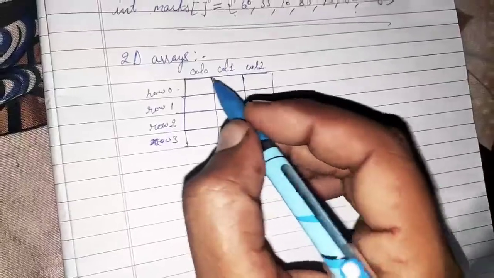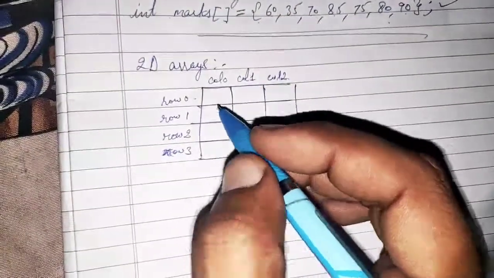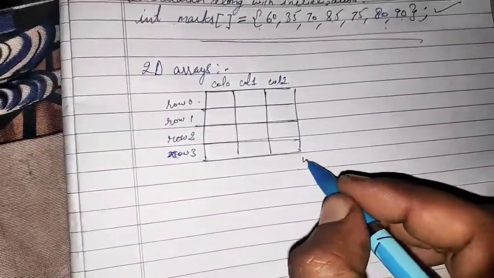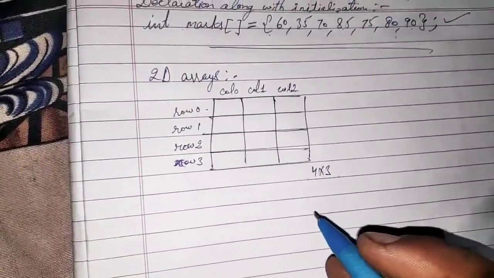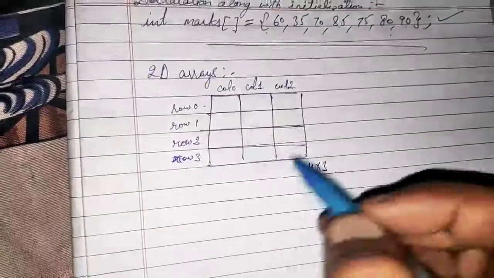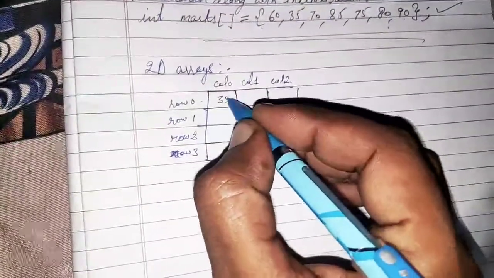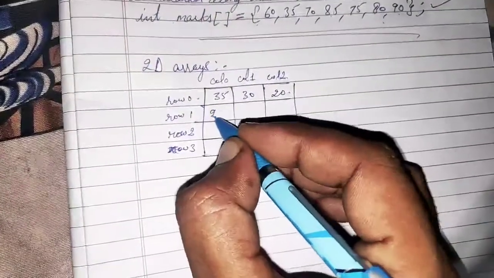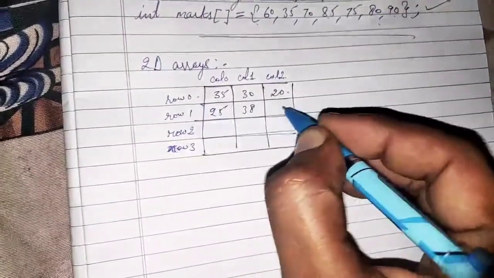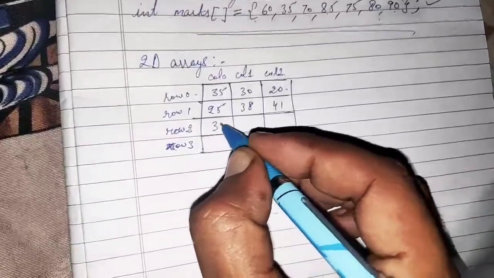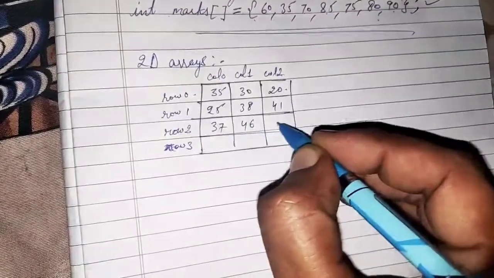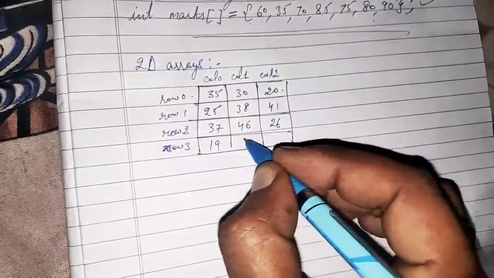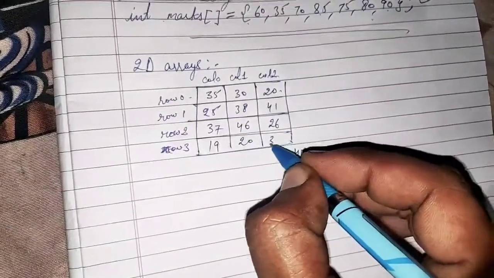Suppose I have entered the elements in rows and columns. 3 columns are there, 4 rows are there. So this is a 4 by 3 matrix. Suppose 35 is stored here, 30, 20, 25, 38, 41, 37, 46, 26, 19, 20, and 38.